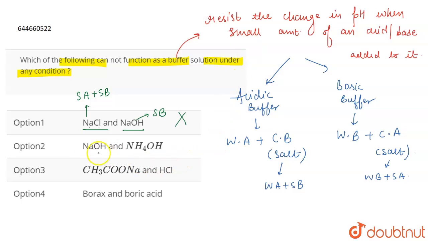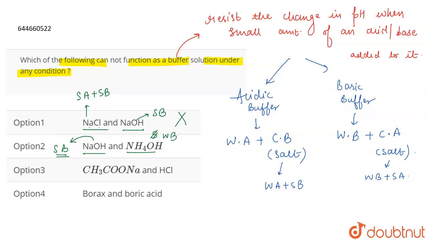The next is NaOH and NH4OH. Now, NH4OH is a weak base, whereas NaOH is a strong base. So these are the two bases that we have.